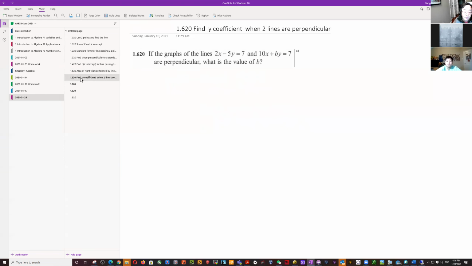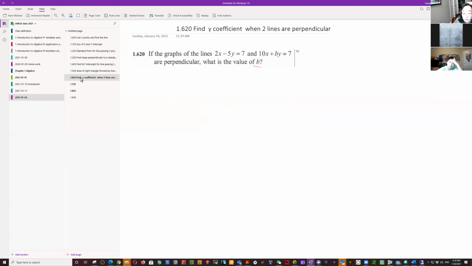And so find the y coordinate when two lines are perpendicular. If the graphs are perpendicular, what is the value of b?